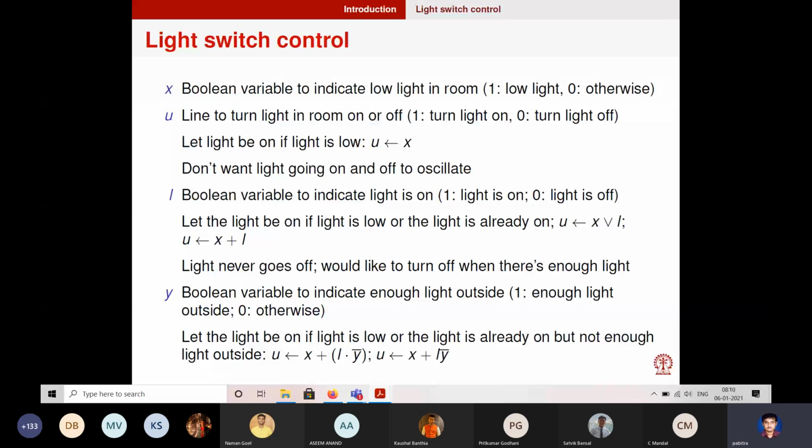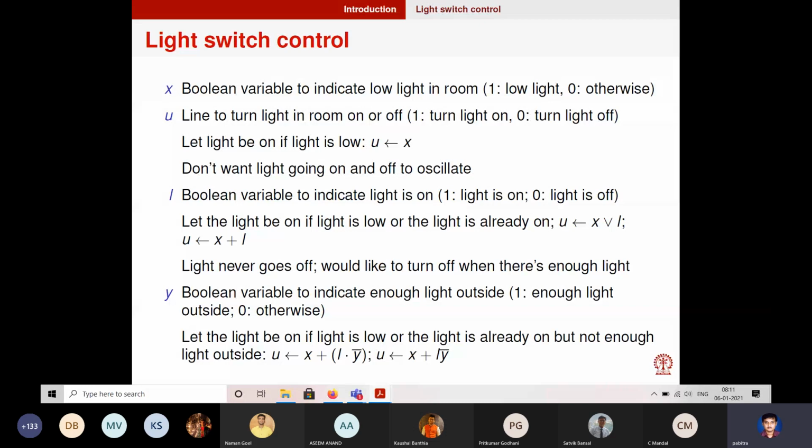So this way you see the light will never turn off, because if there is enough light, still it is turned on, so you need not put it off. This will ensure that the light is always turned on. Now we also took another variable which is Y, which denotes the light outside, the environmental or ambient light. So this is again 1 if there is enough light outside, and 0 otherwise.